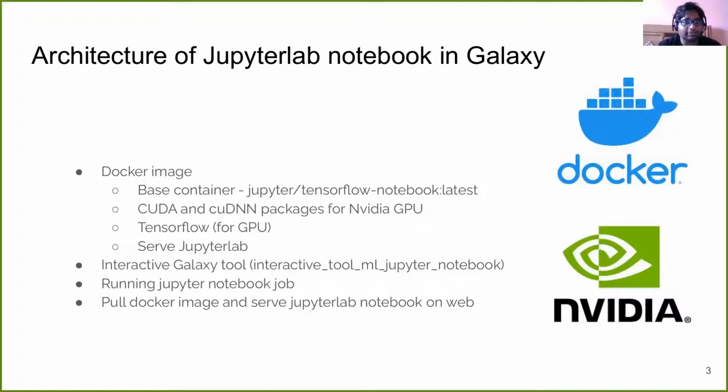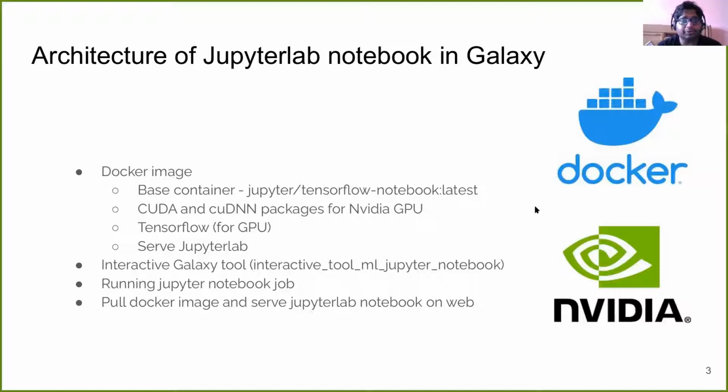And then this Docker image serves Jupyterlab automatically. This Docker image is separate from Galaxy. It can be run on any machine. The image can be pulled and can be run on any machine. If there are GPUs, the programs in the notebook will run on GPUs. Otherwise, it will just run on CPUs.